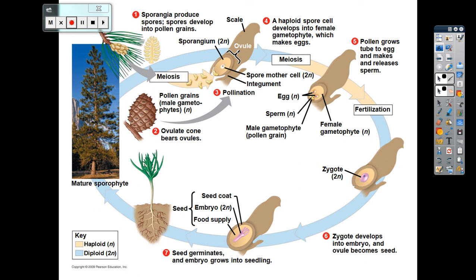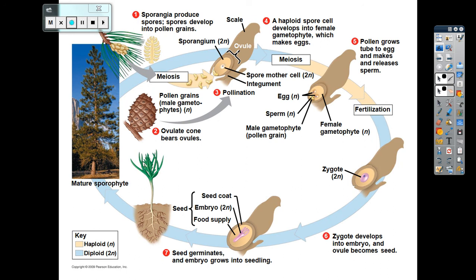So each one of these, it looks like a little bird, but it's actually one of the scales of the pine cone. And each one then will form the zygote on there, which becomes your seed, but it's not enclosed in anything. The pine cone scales will open up and the seeds just fall out. Okay, so they're called naked seeds. All right, and then each one of those seeds can grow into a new plant.